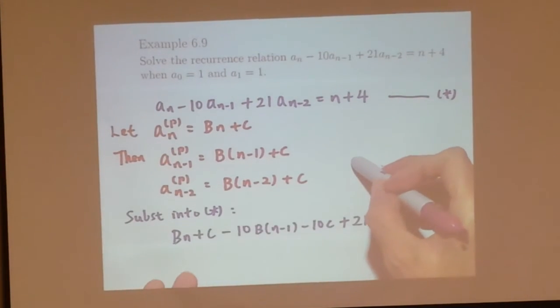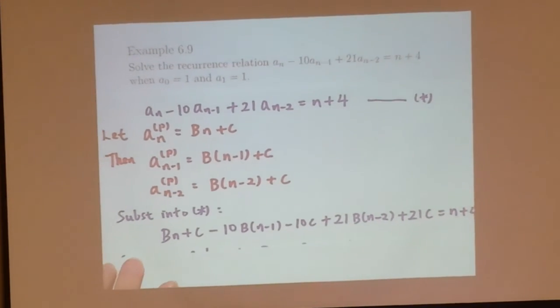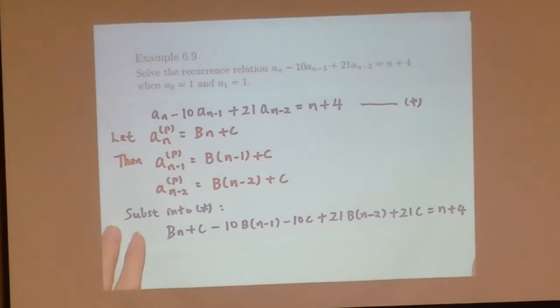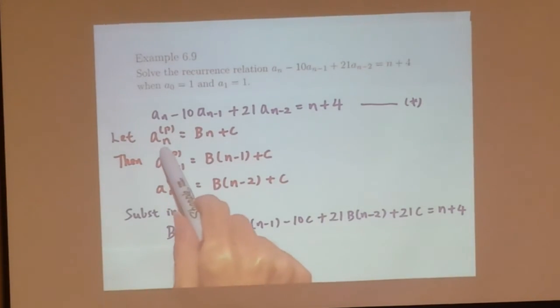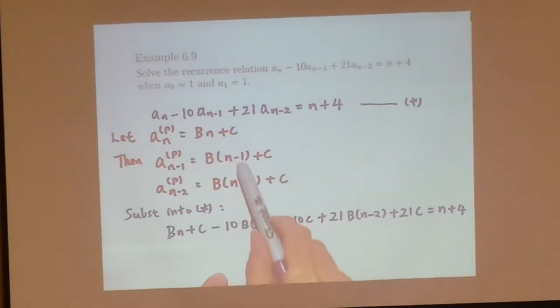After that, you do the substitution, basically following the four-step general procedure. So you replace a_n by bn plus c, and a_{n-1} by b(n minus 1) plus c.